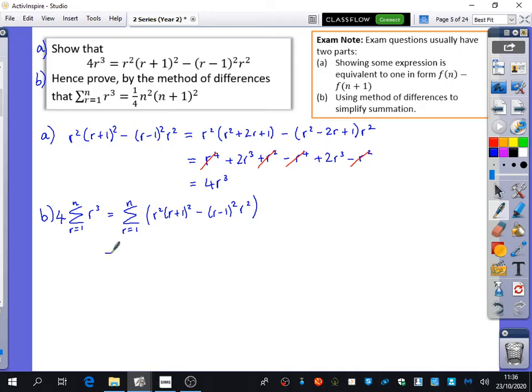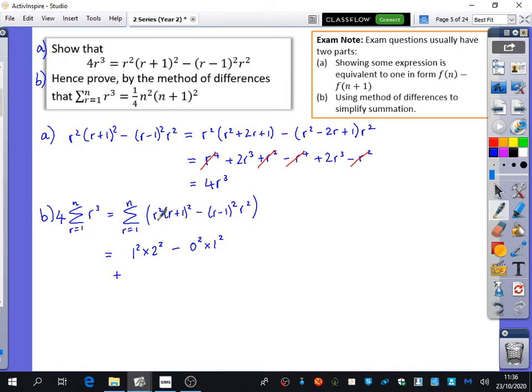Okay, so we're just going to start substituting things in and see what happens here. Now, if I substitute in r equals 1, I would have 1 squared times 2 squared minus, well, that would just be 0 squared times 1 squared. Now, for the next bit, I'm going to substitute in 2.